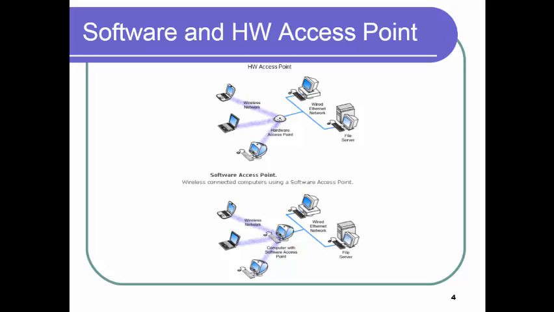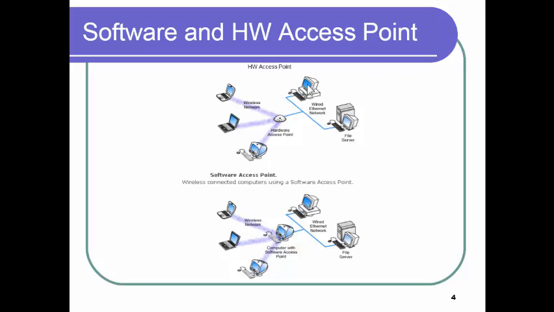There are two kinds of access points mainly observed, that is hardware access point and software access point. In these two figures, the first figure shows the wireless LAN with a hardware access point.